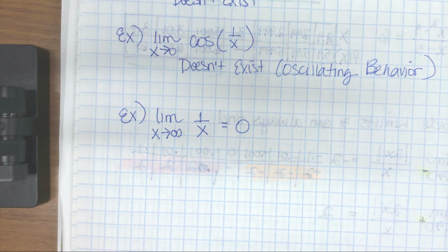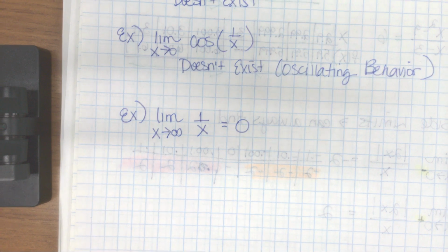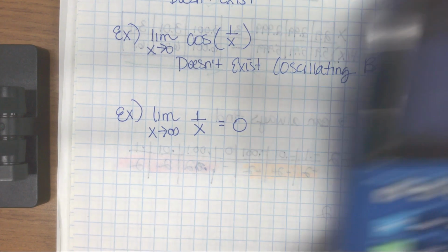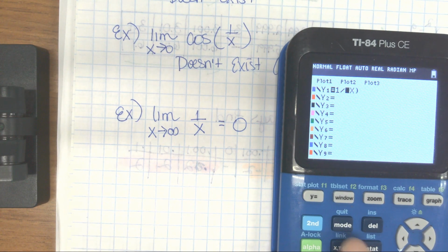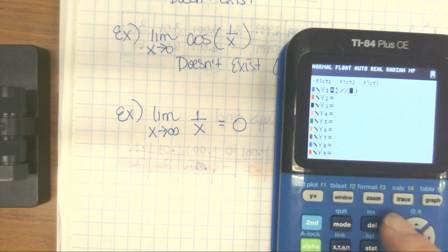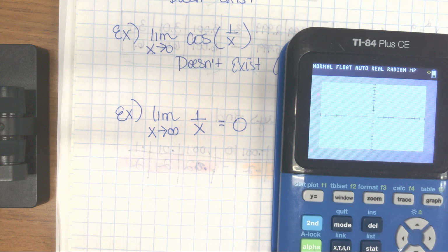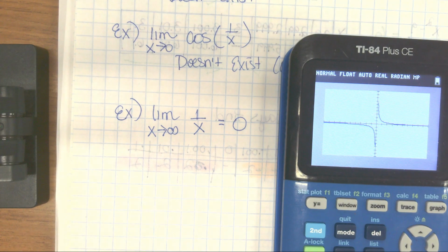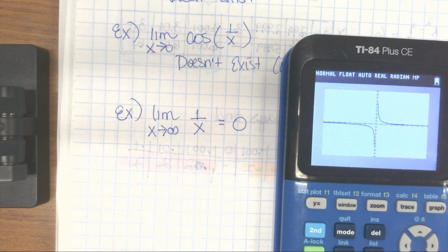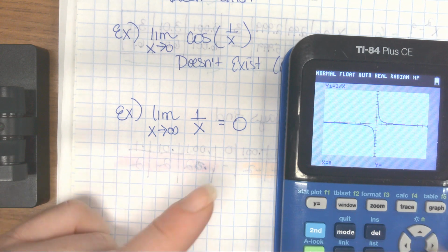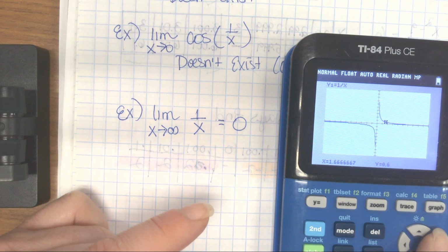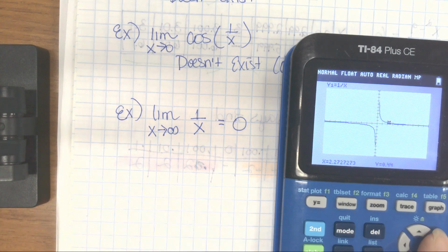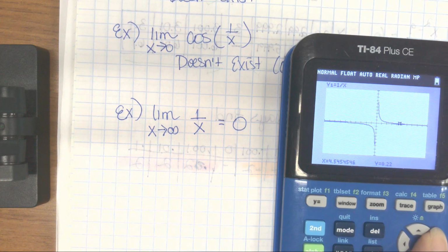But let's look at what goes on graphically. Let's go back. We're going to make this 1 over x, and I'm going to go back to a standard viewing window, so zoom 6. We saw this before, right? If I were tracing and I just traced, you see my cursor right there, and I just keep going, holding it on that cursor.